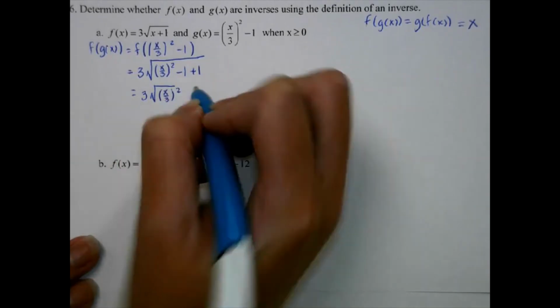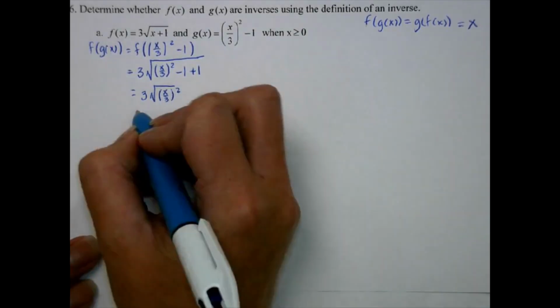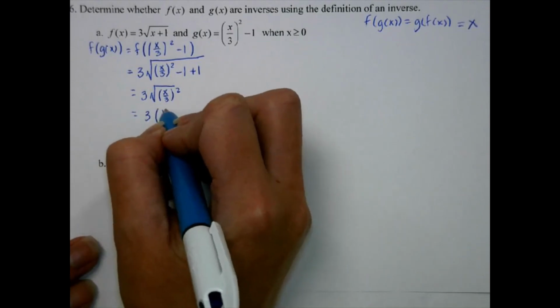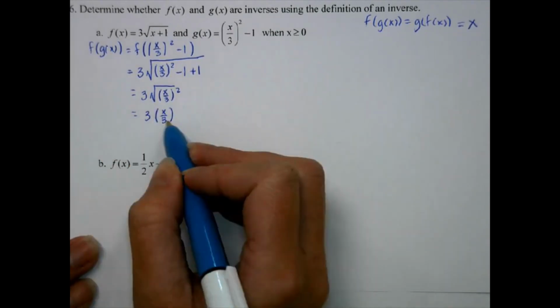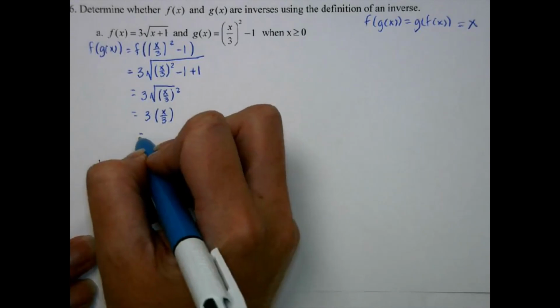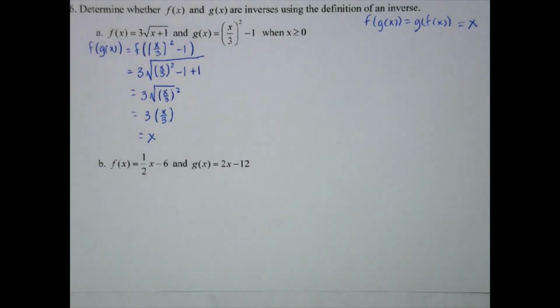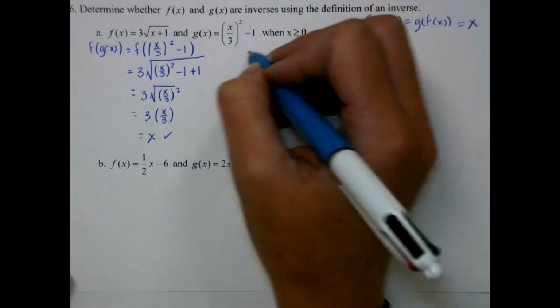Okay, the square root and the squared go away. And then the 3 on top and the 3 on the bottom cancel, and we have x. So this direction is verified, but we do want to double check. And we do have this restriction.